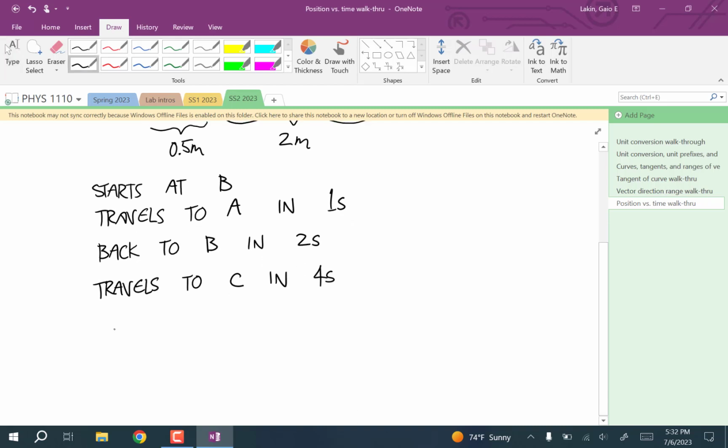And we're going to choose our zero time to be when the object starts its motion.